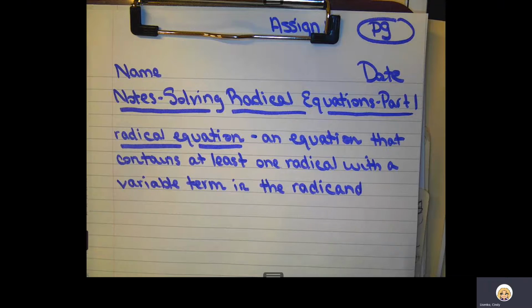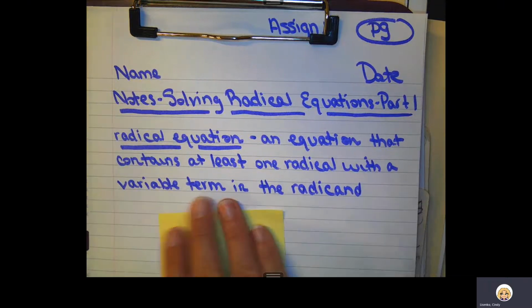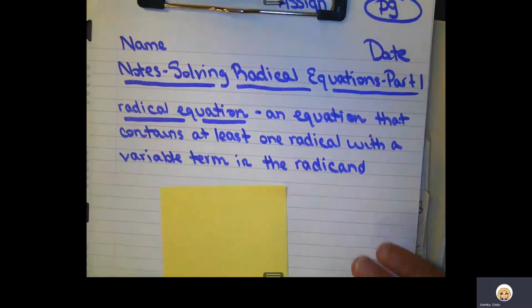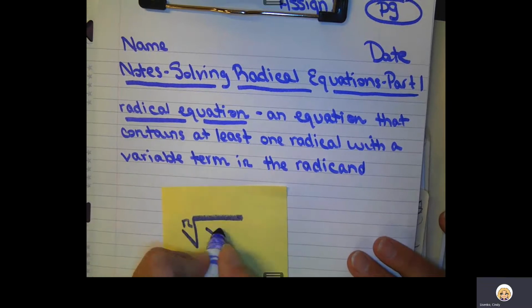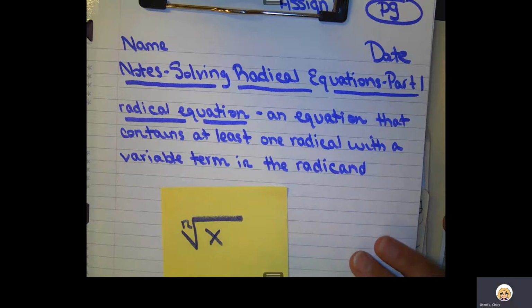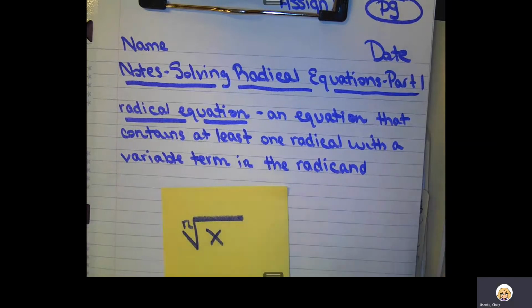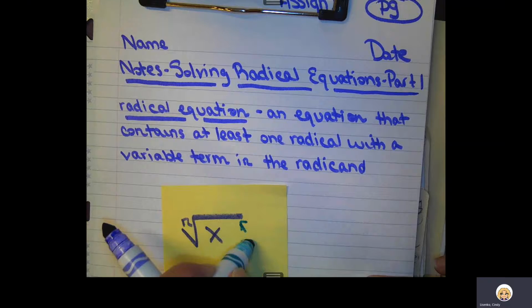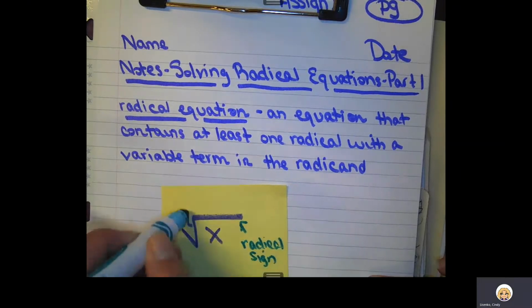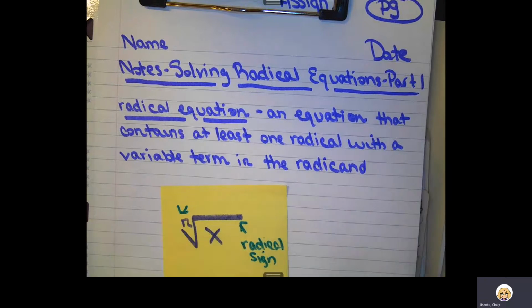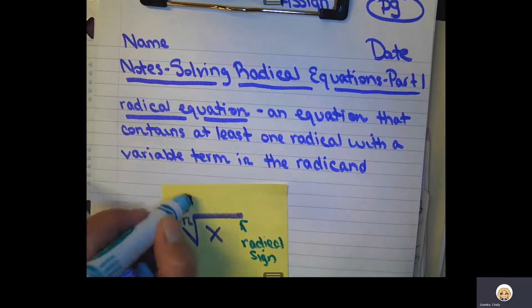So just to explain what that means, and you do not need to put this on here, if you have an expression that has a radical, this right here is your radical sign. This little number right here is your root, also called your index.